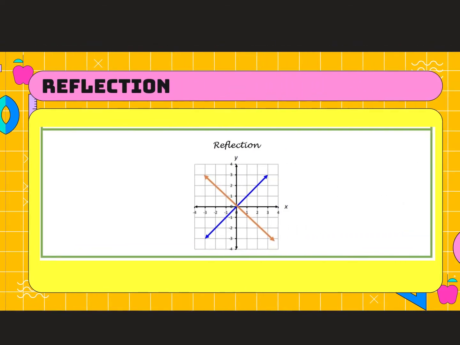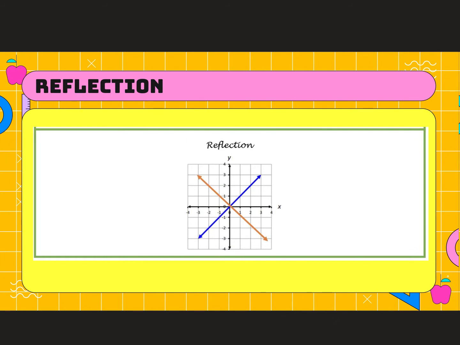All right, so here will be an example. Here our orange line is going to be our parent function. Your parent function, since I did not make a note of that in the earlier slides, is always going to be y is equal to x, which is going to be our blue line.